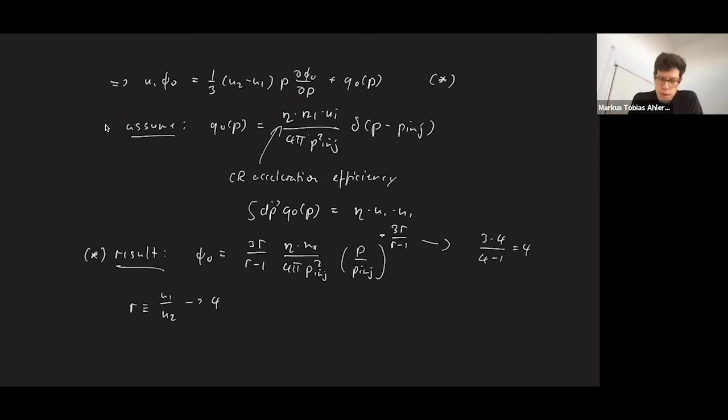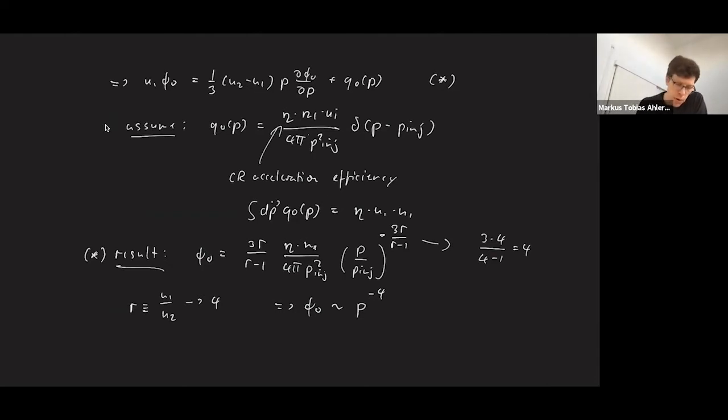This is the condition that you get automatically from this approach of diffusive shock acceleration without needing to specify what the diffusion loss and the acceleration time scale is. So the phase-space distribution, phi 0, is going to be proportional to momentum to the power minus 4 in the case of a strong shock.